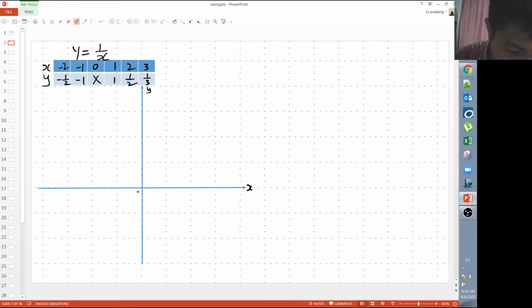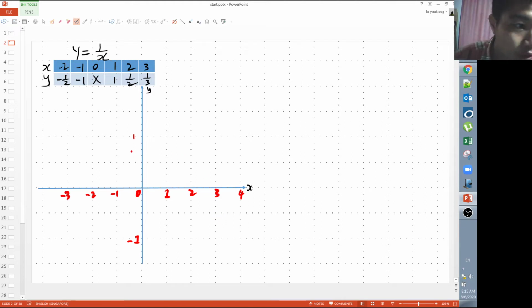Okay, but before that, let me label the axes first. So 1 here, 2, 3, 4, -1, -2, -3. You're going to have 1. That's it.